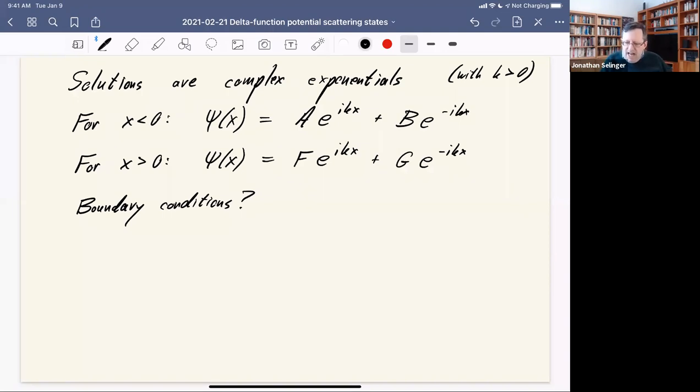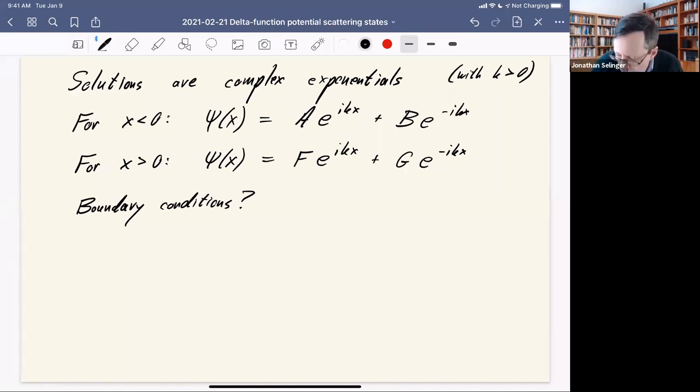Here, we can't apply a boundary condition like that. There's no risk of the wave function blowing up; a complex exponential oscillates, it doesn't blow up. We have the same problem of normalization as with the free particle, but we found ways to deal with that.